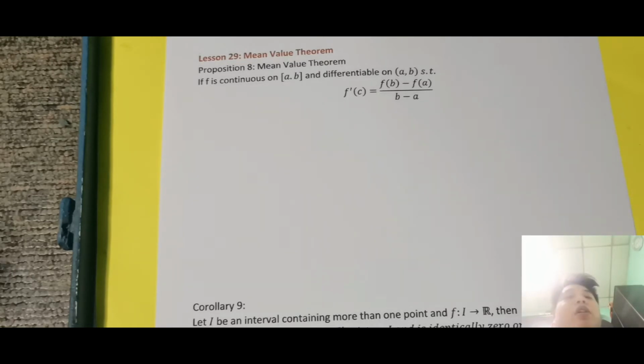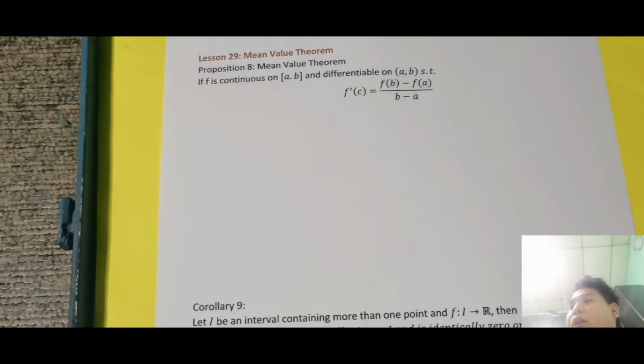Okay, so we have the mean value theorem, proposition number 8. If f is continuous on closed interval [a,b] and differentiable on (a,b)... check ko lang sa definition. Hindi pala such that, no?